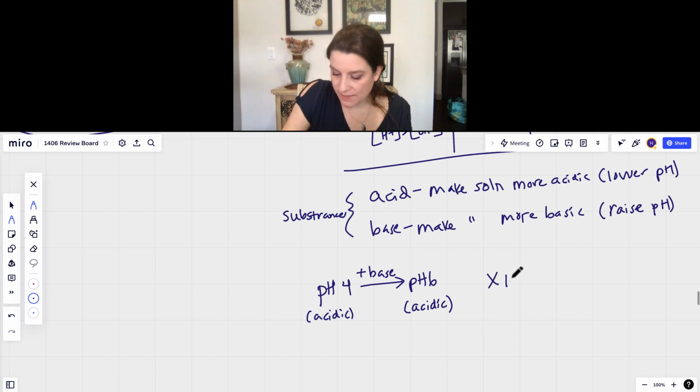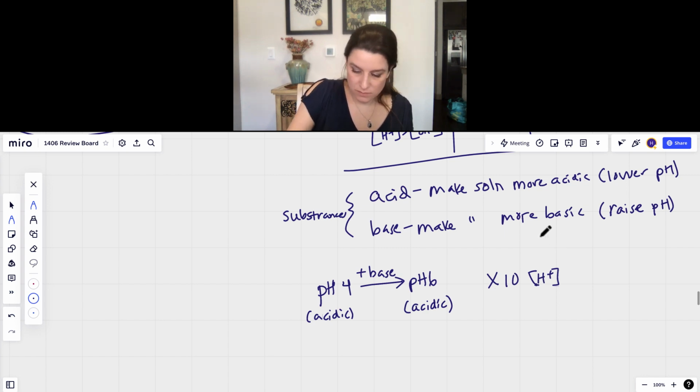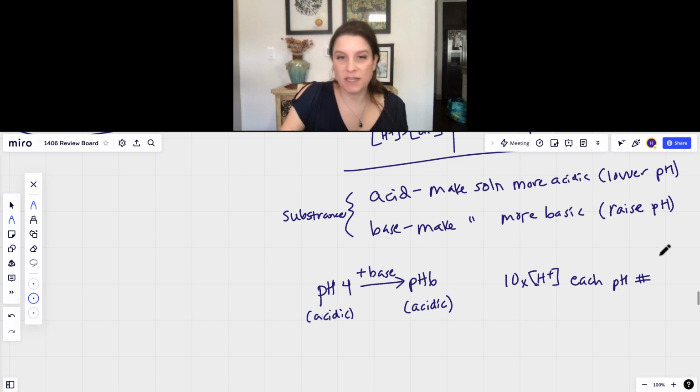Just to note that each pH jump is 10 times more or less hydrogen ion concentration. Each pH number is 10 times more. So if it's 10 molar, it'll be 100 molar. Kind of thing.